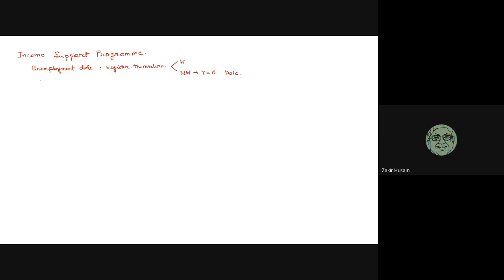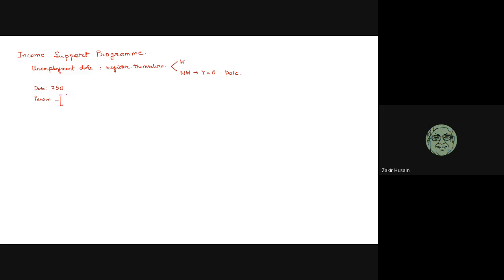Okay. Suppose this dole amount is 750 per month. Okay. So a person has got two options.